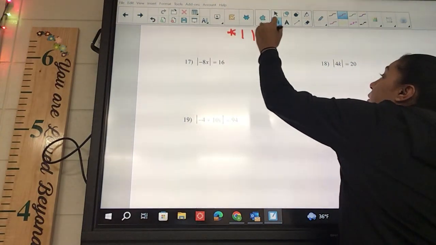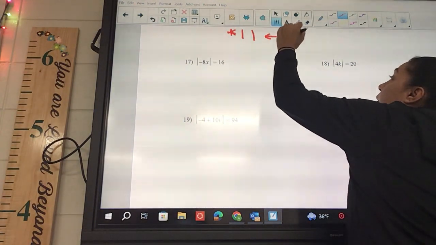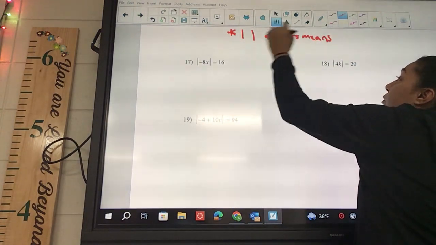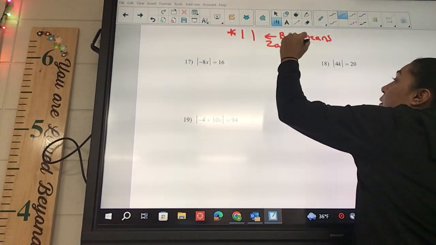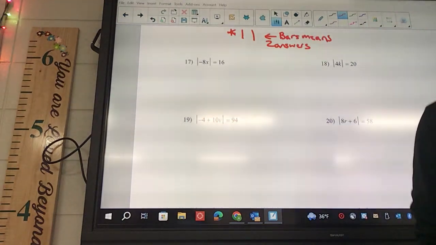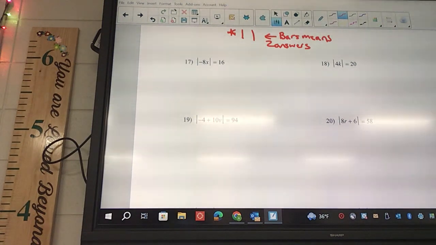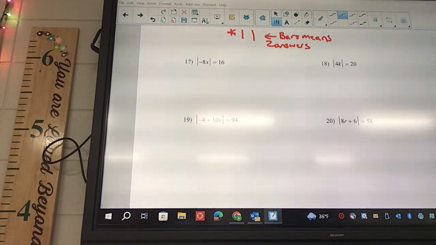The bars means 2 answers. Okay, so all of these are going to have 2 answers. So notice how every single one has bars. Okay, the only other rule with these is, and it's kind of hard to write out, so you guys can help me in a minute, is about the outside of the bars.